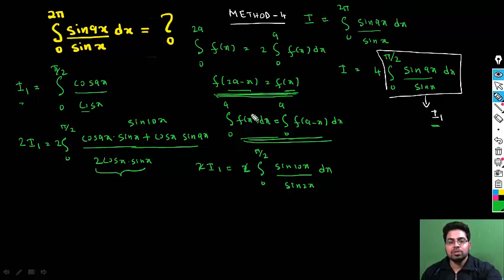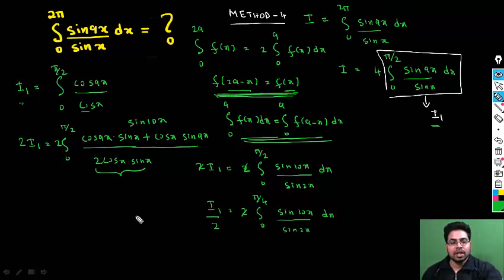So like we took 2 outside and divided by half, this expression would then become I1 equals 2, 0 to pi by 4, sine of 10x by sine of 2x dx. So I will take this to this side and I will cancel this 2.